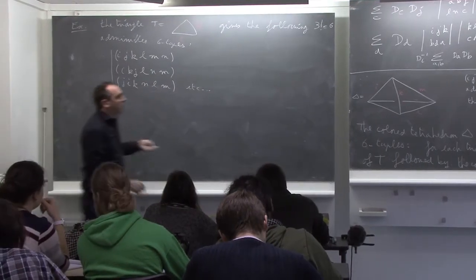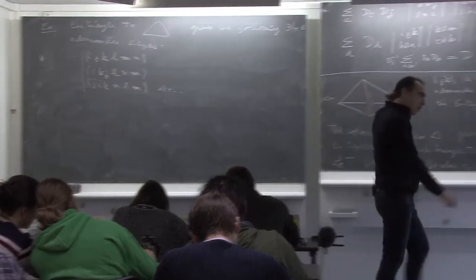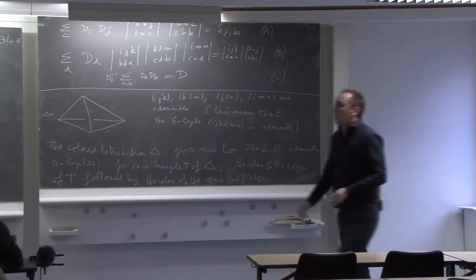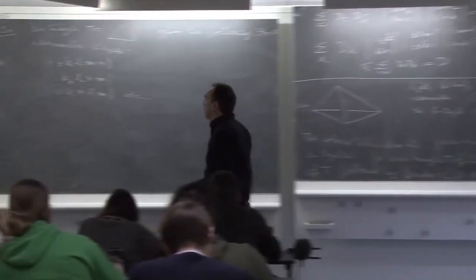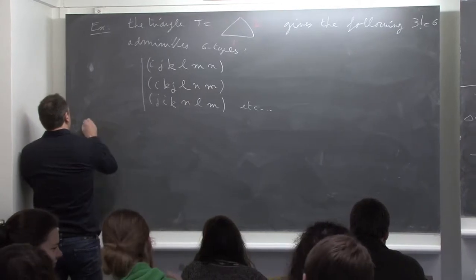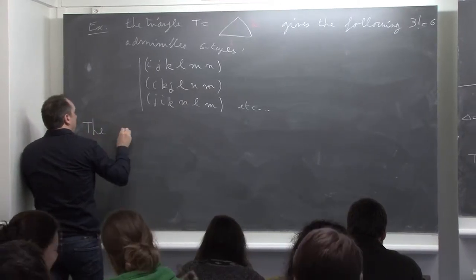Okay. So if you have a color tetrahedron, you have 24 admissible tuples, and what is the condition on symmetry?